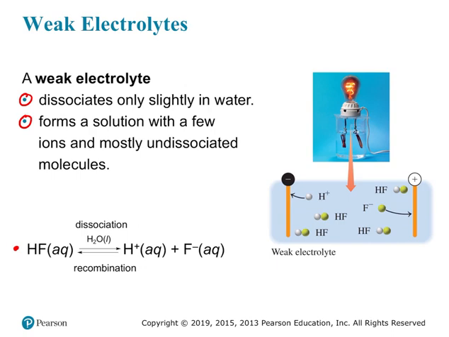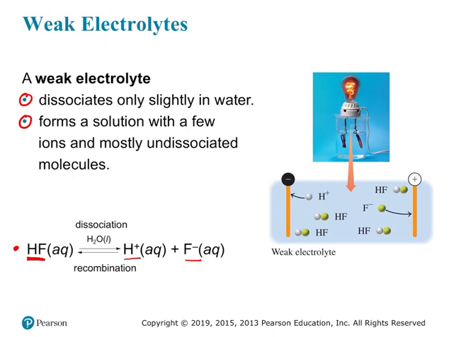Hydrofluoric acid doesn't completely dissociate in water. It only partially dissociates. So you will end up with a few hydrogen ions and a few fluoride ions in solution, but we're going to mostly have the original molecule.